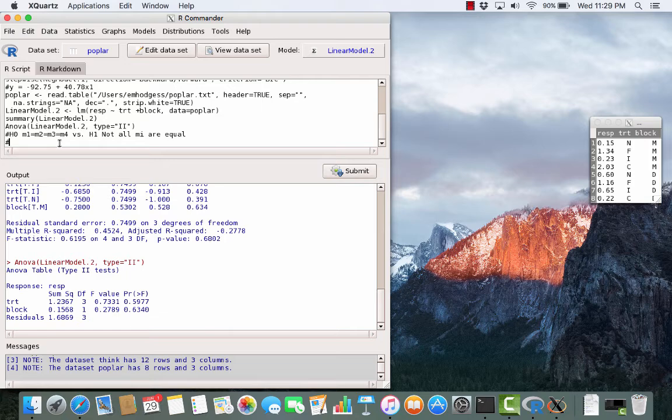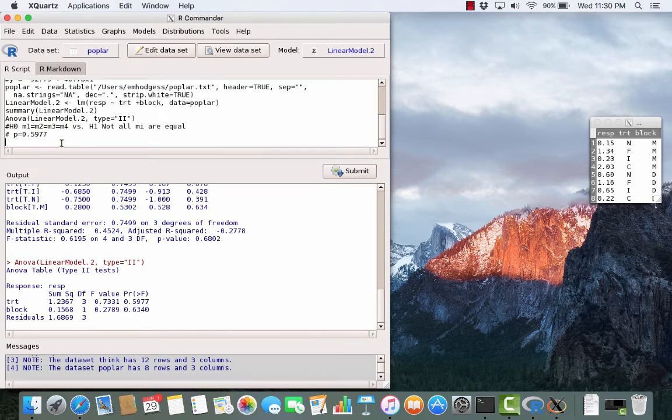Okay, then the p-value, you're going to test on the Pr greater than F that's associated with the treatments. In this particular case, it is equal to 0.5977. Then if, oh, sorry, I went wild.